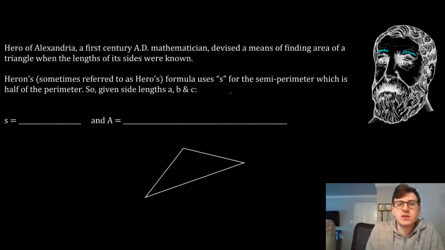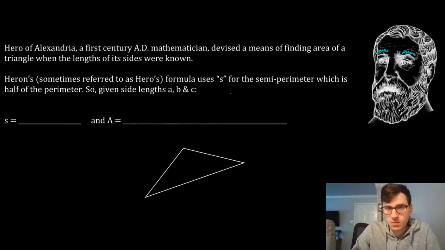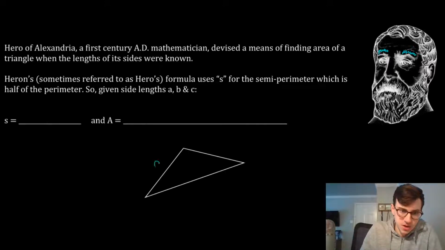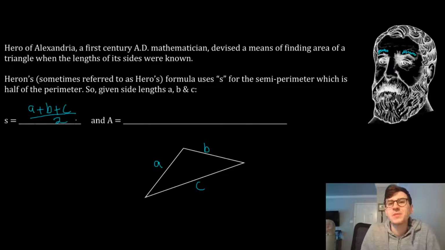Heron's formula uses the semi-perimeter of a triangle, which is just half the perimeter. So if we have a triangle down here, we have sides A, B, and C, then the semi-perimeter would be A plus B plus C divided by 2. And that's the semi-perimeter.